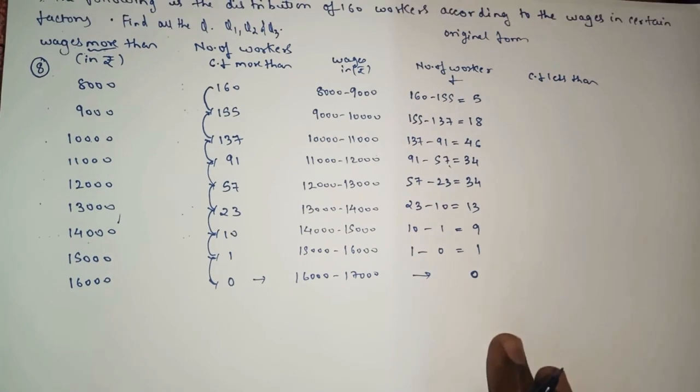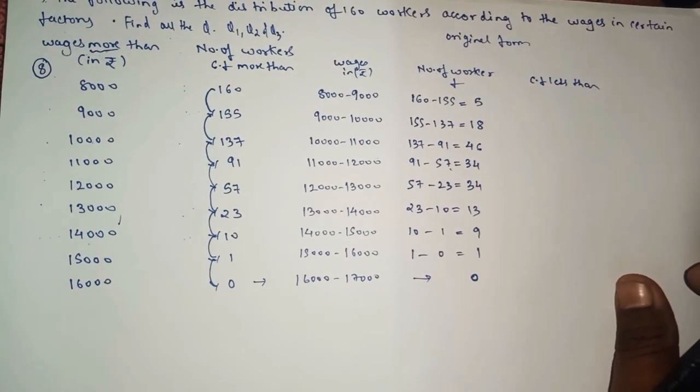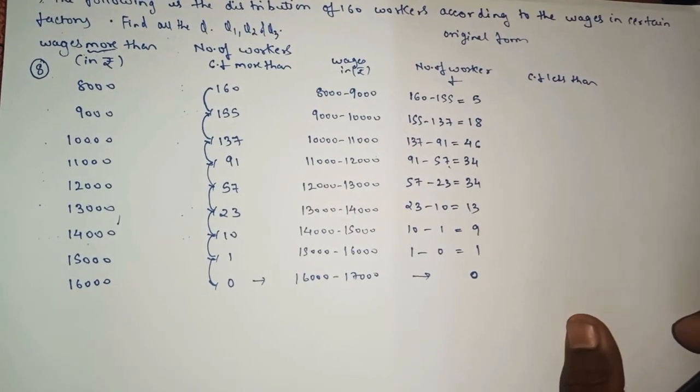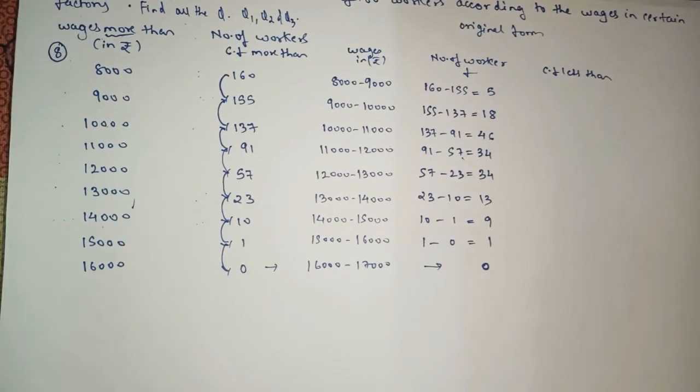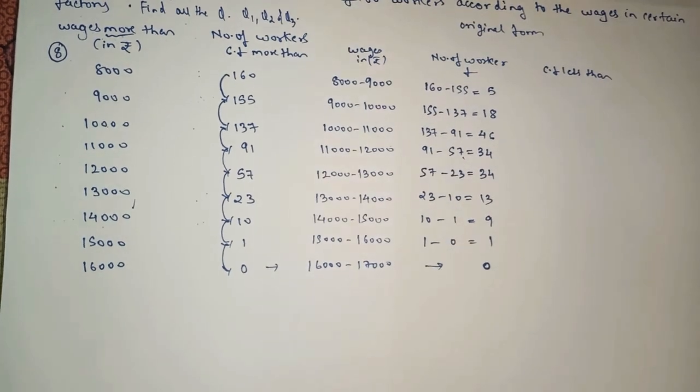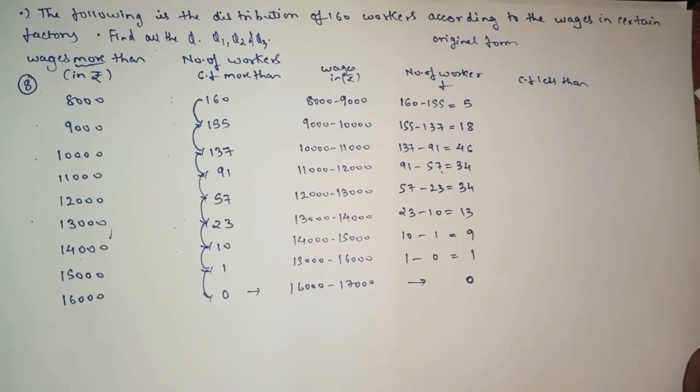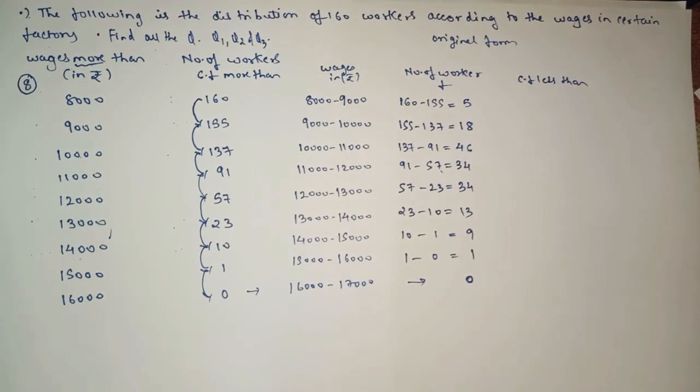So this is a different sum from the exercise. This is the only sum in the exercise which is slightly different from the other sums. Out of 10-12 sums, the remaining sums are quite simple and easy. There is a change in the question, a twist.